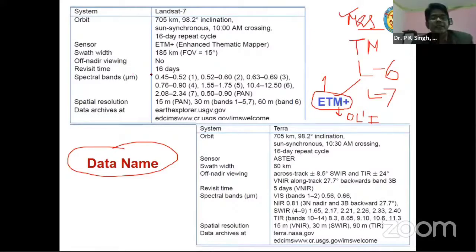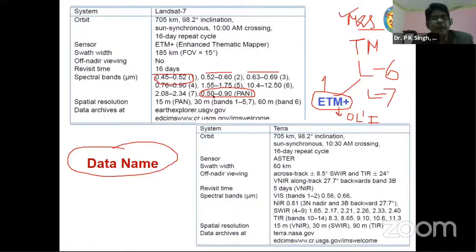Spectral bands: this is for band 1, band 2, band 3, in that way. And one band which is having a wider spectral range, that is called panchromatic band. Panchromatic band always has a higher spectral width.